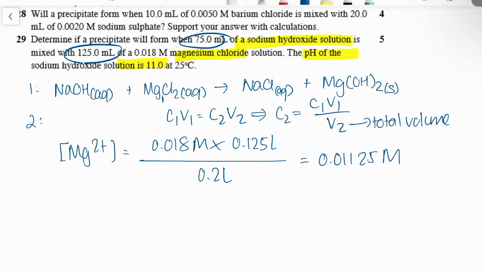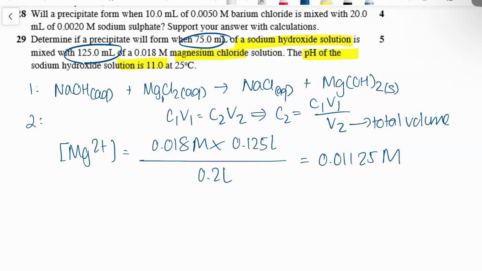And then hydroxide, same thing. I need to do C1V1 on V2, but I don't have C1 because they haven't told me the concentration of the sodium hydroxide. I have to get that from the pH. Now, is sodium hydroxide a strong base or a weak base? A strong base, which means I don't have to worry about equilibrium constants and ICE tables, things like that.